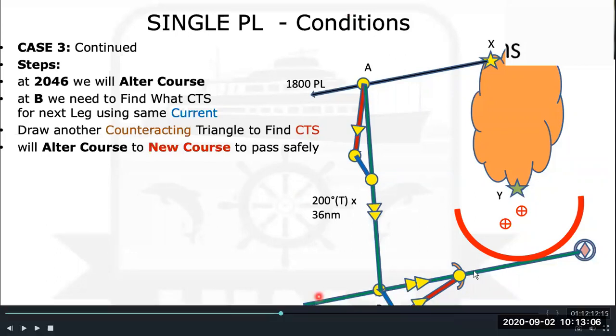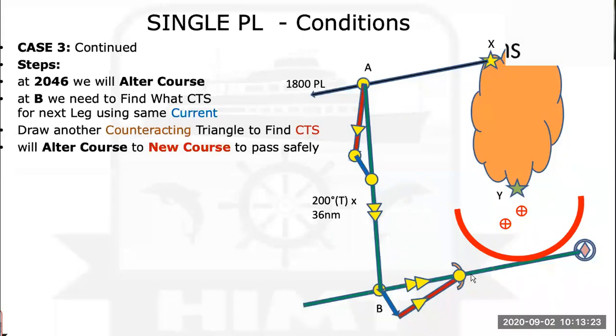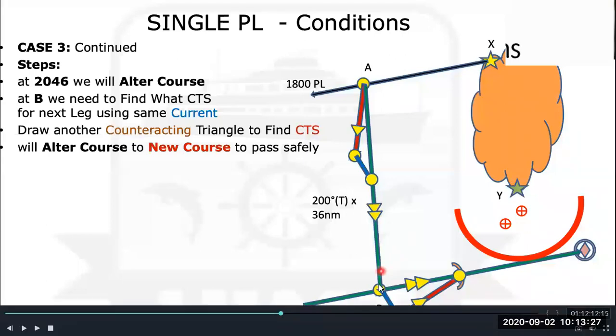So like here we have 070 already, suppose the charted course, and the current is 150. So we will steer the ship say 050. So finally the current will push and we will move on 070. So 2046 is our alteration time, and then we apply the counteracting method.